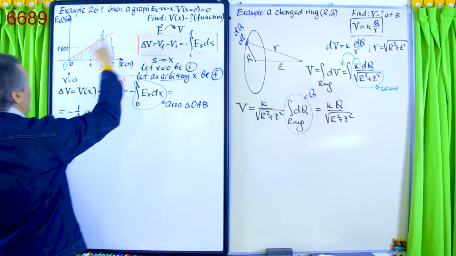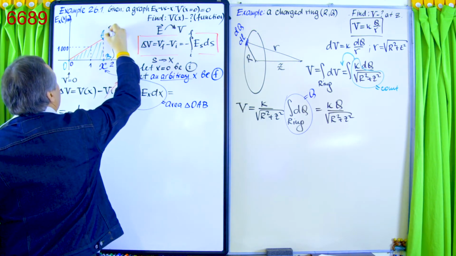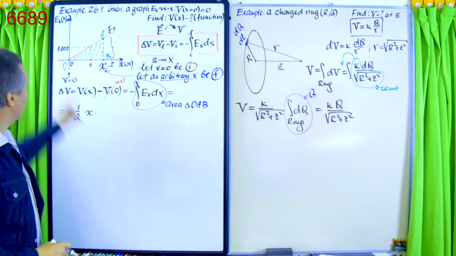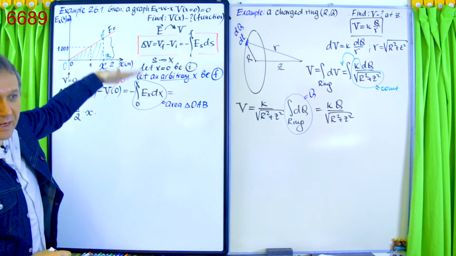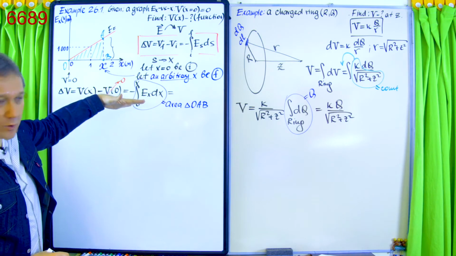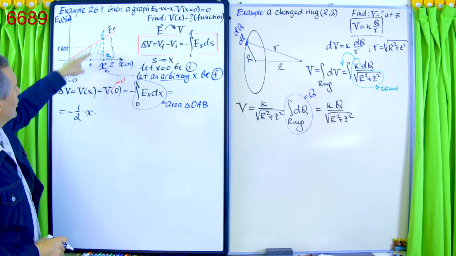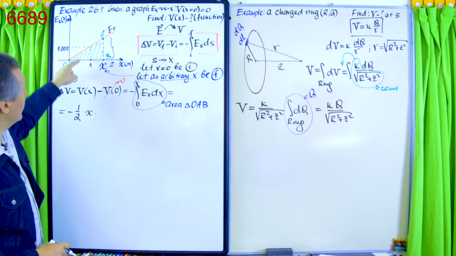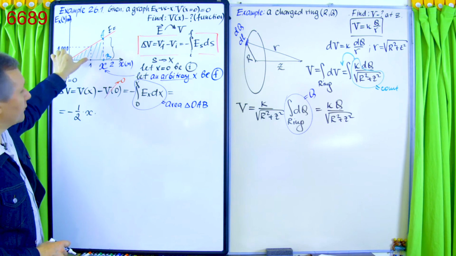So how can we write the equation of this line? All right, so E equals, since it goes through the origin, it's just the slope times x. How can we find the slope? We know the value of E at 1. So the slope will be 1000. You remember, slope is just the tangent of this angle. The tangent of this angle will be 1000 versus 1.